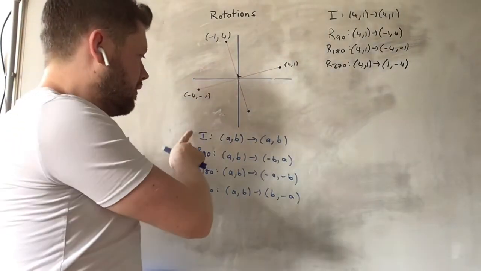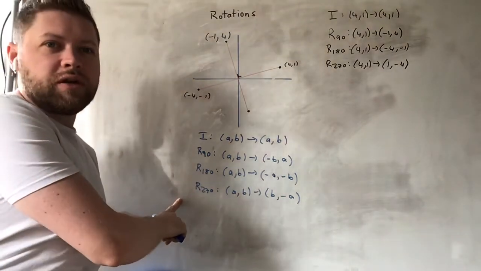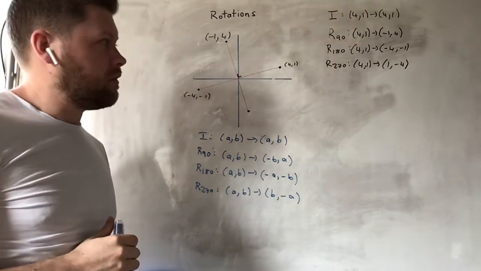So these are our rotation transformations for a point in 2 dimensions.